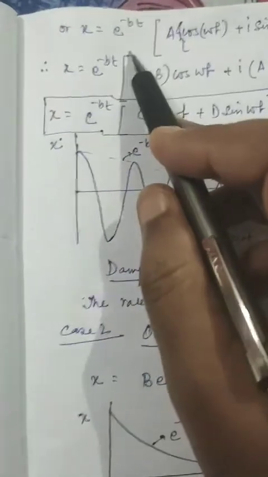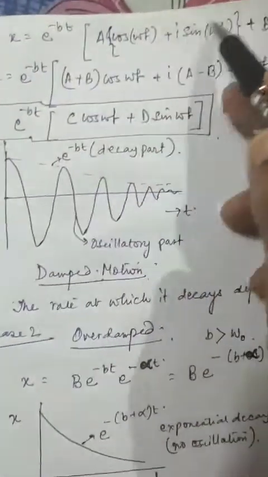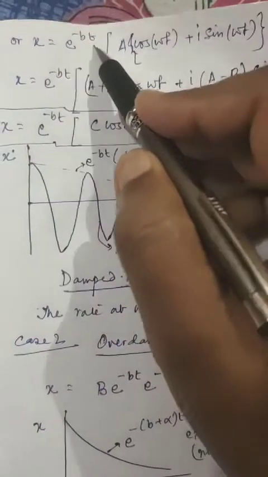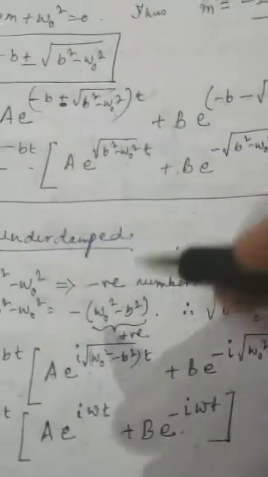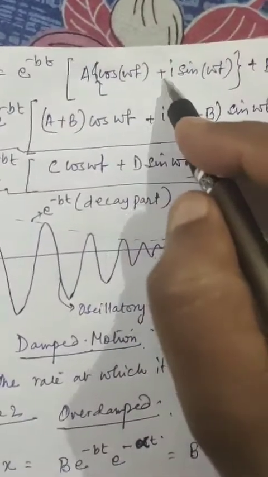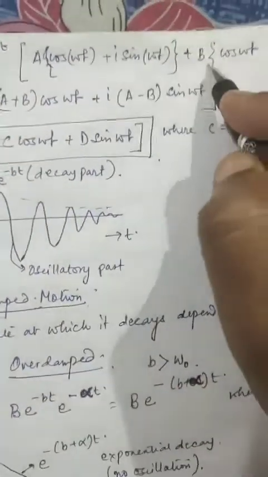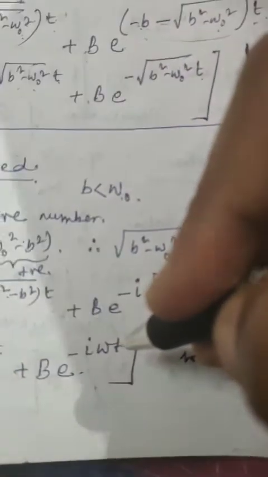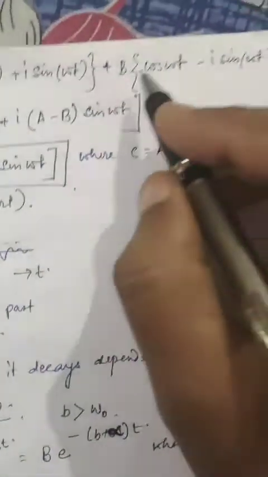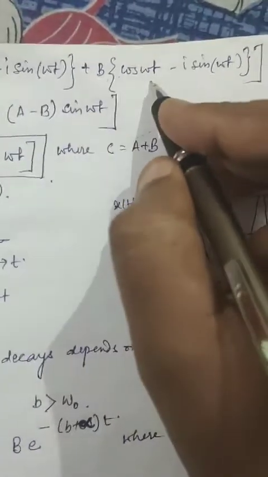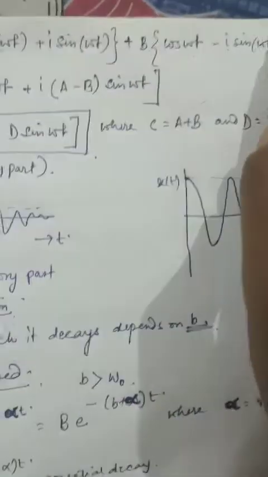So in other words, this is the solution. You can say e to the power of minus bt is common. So I can write e to the power of i omega t as cos omega t plus i sin omega t, plus B times e to the power of minus i omega t, which I have written as B cos omega t minus i sin omega t.